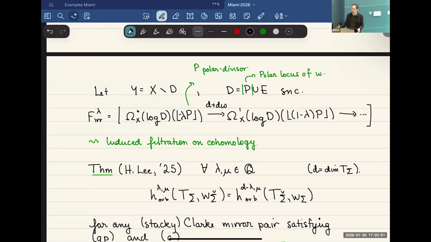Since I'm considering orbifold cohomology, and these aren't necessarily Gorenstein orbifolds, there's a second shift that comes from that. Exactly. So there are really two different appearances of rational numbers here, coming from both the filtration and the orbifold cohomology, this conjugacy class, and those two are exchanged under mirror symmetry.